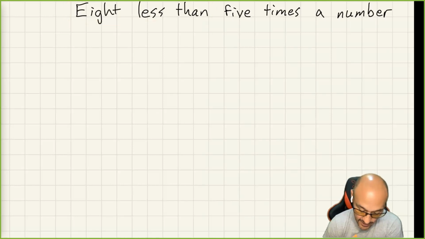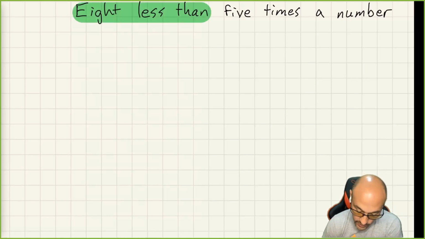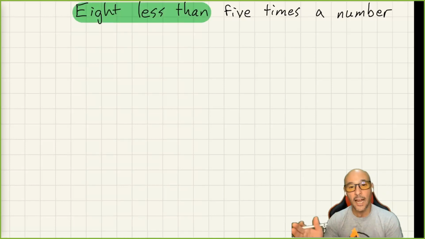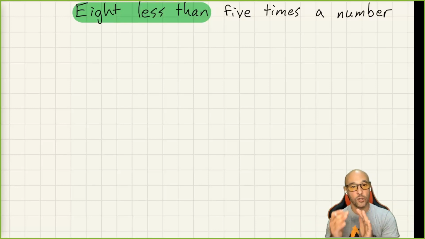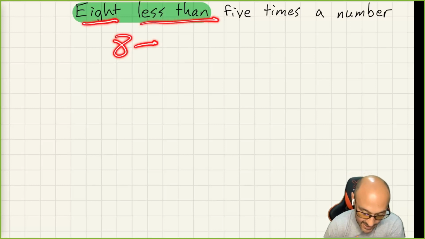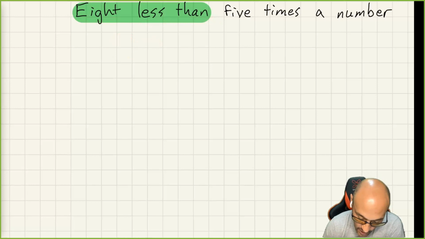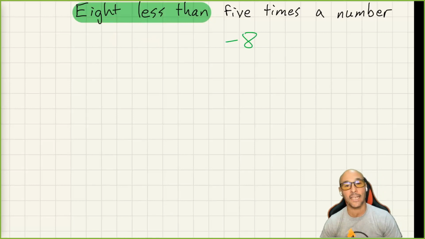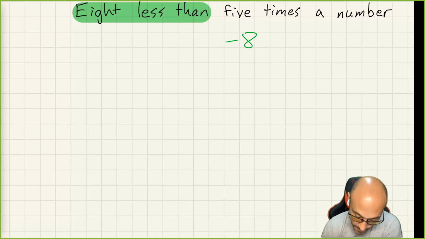Less than tells us subtraction. But the order is switched. It's not 8 minus something. It's 8 less than, which tells us we're subtracting 8 from something. 8 less than says subtract 8 from something.